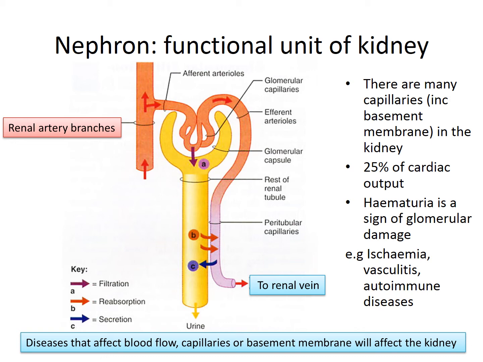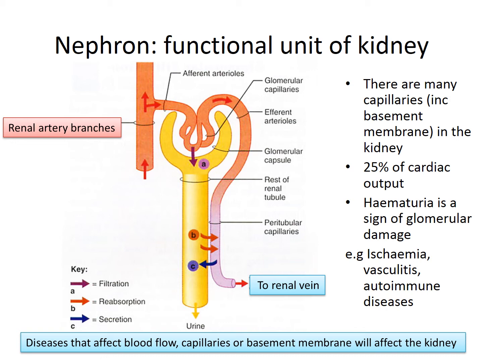Let's think about how this structure and function renders the nephron vulnerable to injury. The first thing is that there are many, many capillaries, and they've got a basement membrane, which is a kind of proteinaceous sludge around the outside of the capillary in the kidney. And it receives an awful lot of blood, about a quarter of the cardiac output.